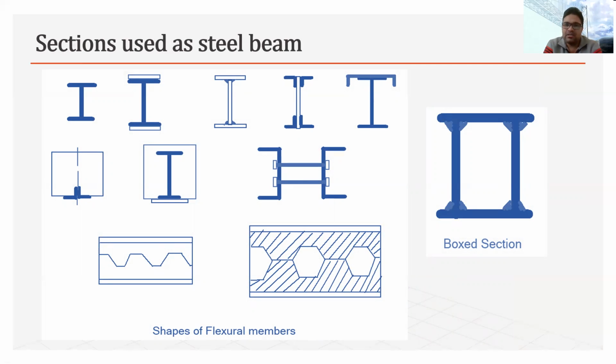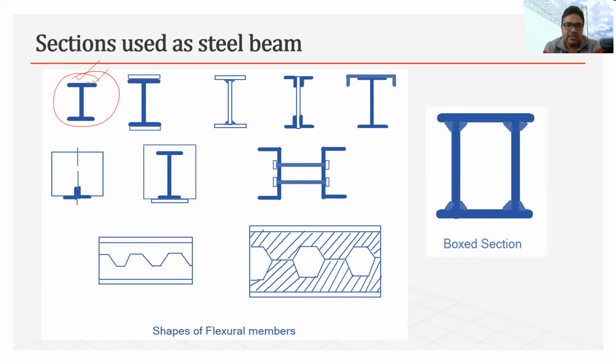They may be used in a very light loading, but the ideal section for beam is the I section. So the types of sections that we use in case of beam are generally like I section. This I section is hot rolled I section, generally for a moderate load.